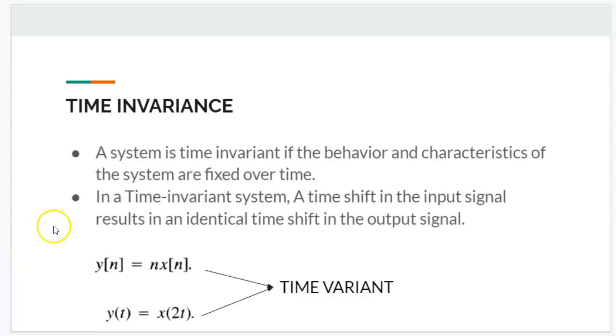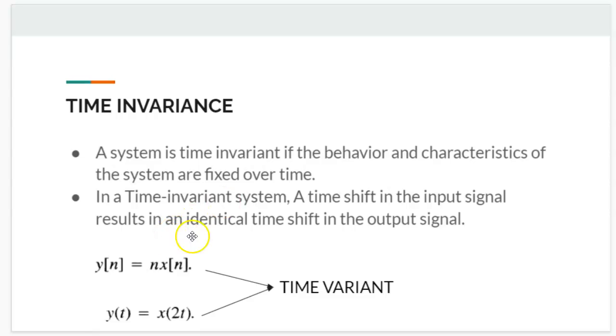Let's go to time invariance. It's more important; the other two I'm going to discuss now. Time invariance is basically saying that the behavior and the characteristics of the system are fixed over time. That is what we essentially mean by time invariant. One important characteristic you can note about time invariant systems is, if you time shift the input signal by some amount, then it results in an identical time shift in the output signal also.